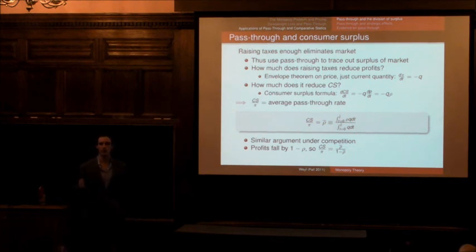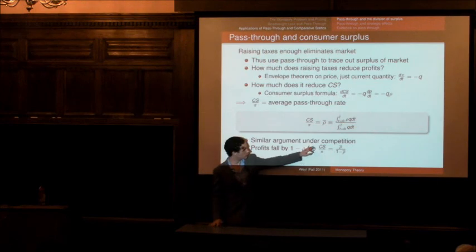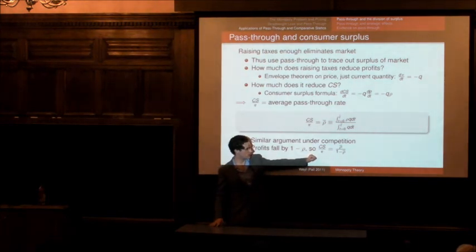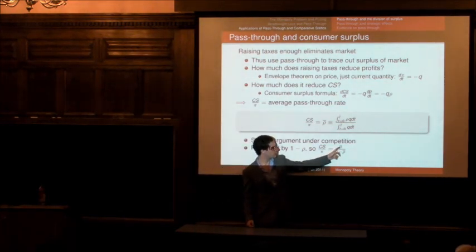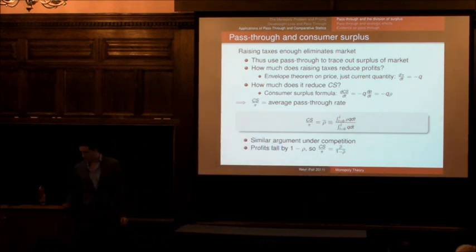If it's perfectly inelastic, they bear all of it. And if it's somewhere in between, they bear 1 minus the incidence of the tax. And so the profits fall when the tax is imposed by 1 minus the pass-through rate. And so the ratio of consumer surplus to producer surplus in a competitive industry is the ratio of the average pass-through rate to 1 minus the average pass-through rate.